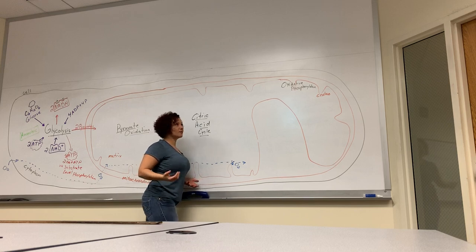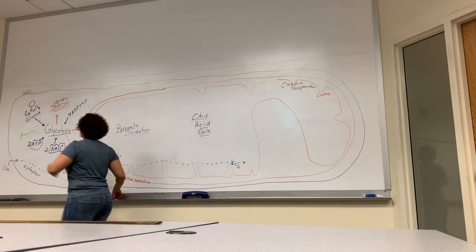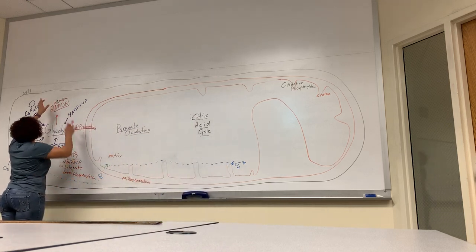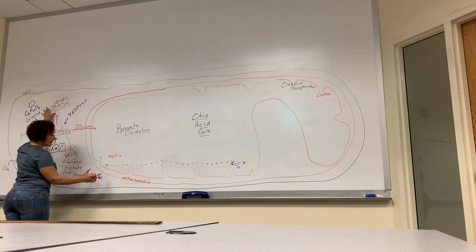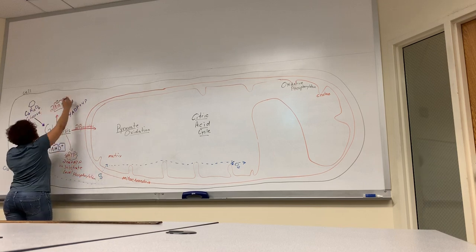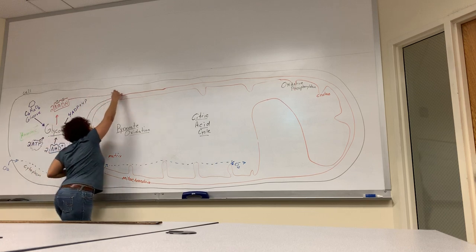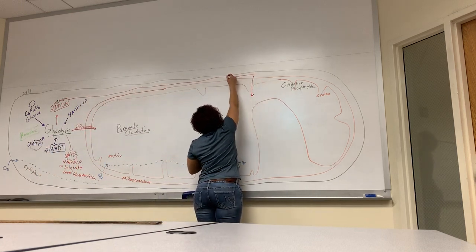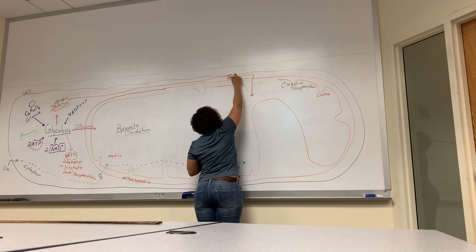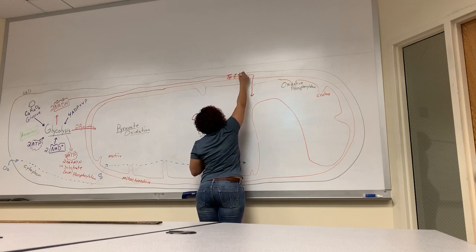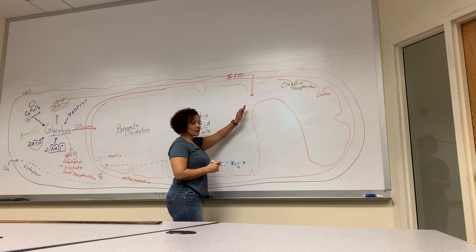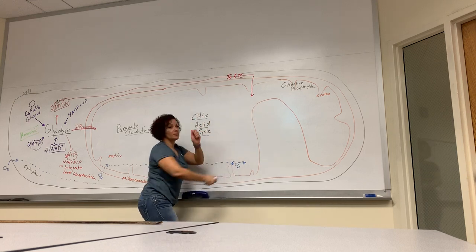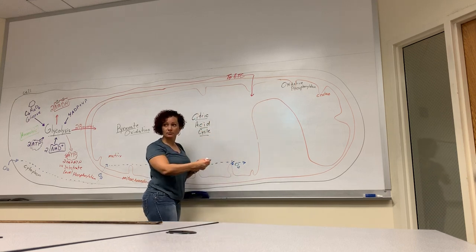Where do those electrons come from? They come from this guy. This molecule, if enough oxygen is present, will get to enter into the mitochondria and go to the electron transport chain, where he will drop off electrons. And then this oxygen will be pulling on electrons.